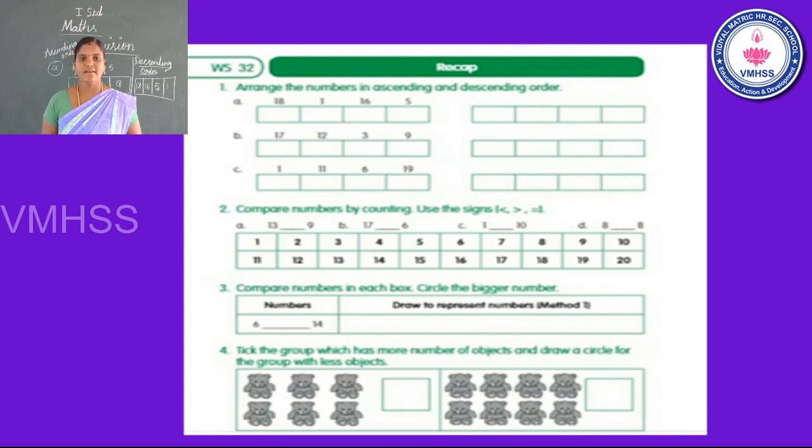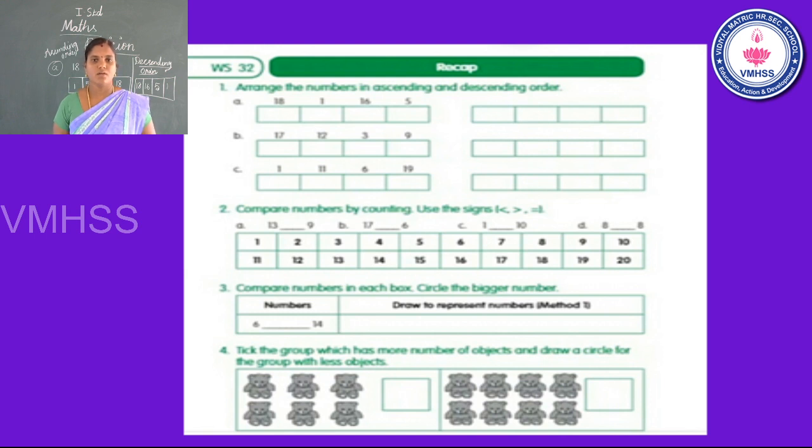Next number 11. Next 19. Next, arrange the descending order: 19, 11, 6 and 1. Okay? Finished, students? Look properly.